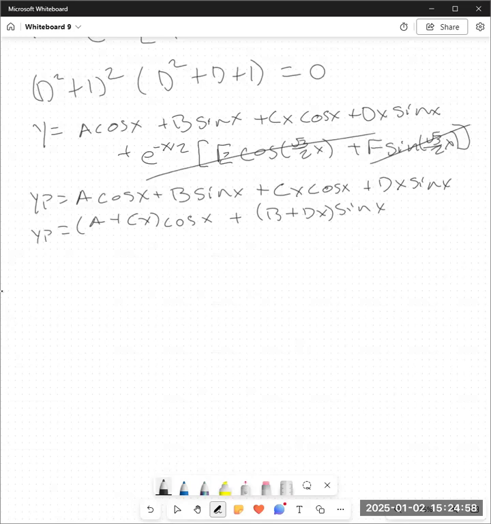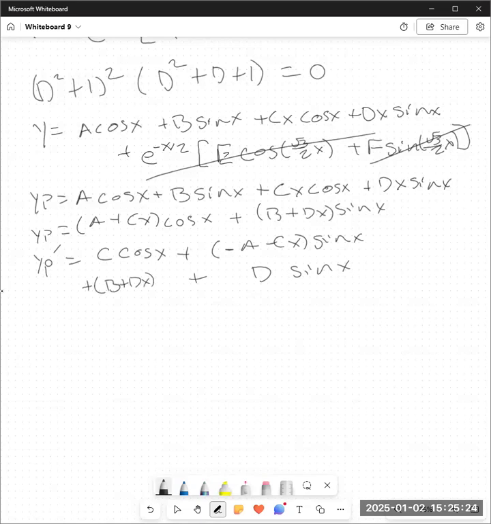For my yp prime, it's going to be C cosine of x plus negative A minus Cx sine of x plus D sine of x plus B plus Dx cosine of x.